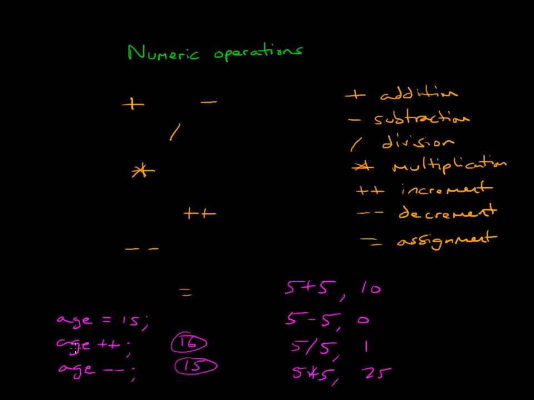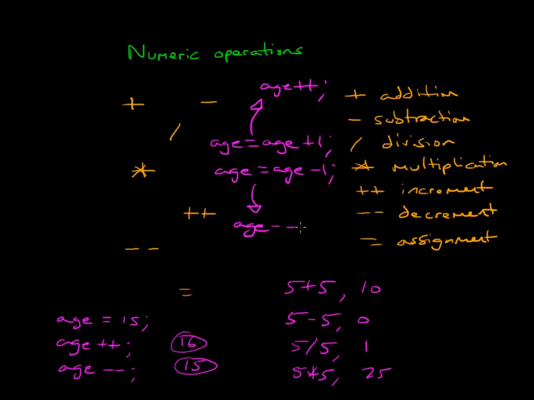Another way to write this, I can say age is assigned the value of age plus 1, or age is assigned the value of age minus 1, and this is exactly the same as saying this one here is age plus plus, and this one here is age minus minus.